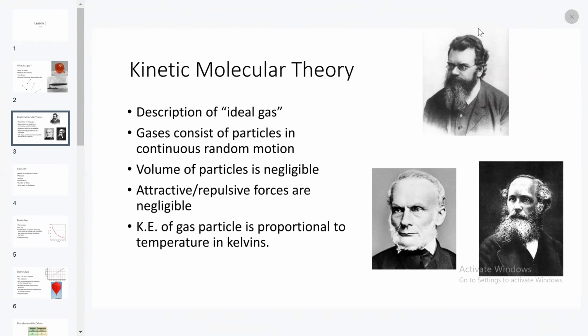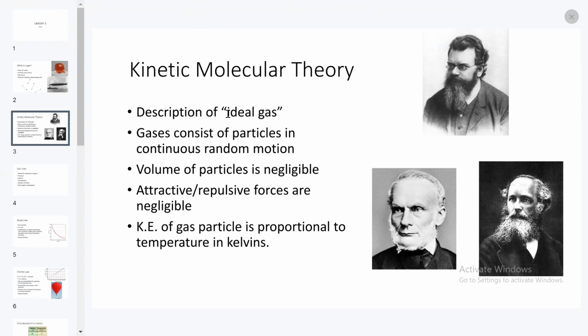But yeah, Maxwell Boltzmann. This provides us with a description of what we call an ideal gas. This gas will have, like the name suggests, ideal behavior, perfect mathematical behavior. It doesn't have any weird stuff going on, okay?